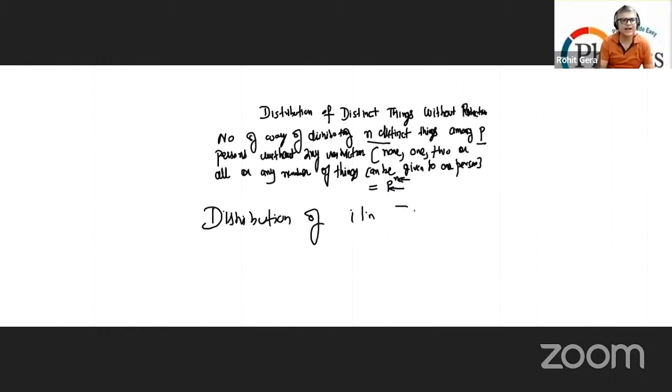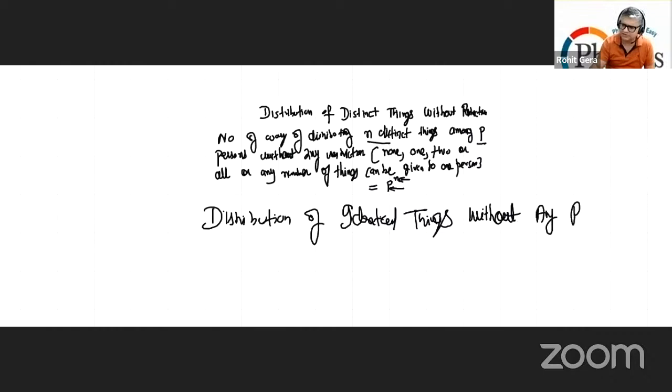So if you have to distribute identical things, जैसे उस assignment में लिखा था different balls. Okay? So let's say distribution of identical things without any restriction.